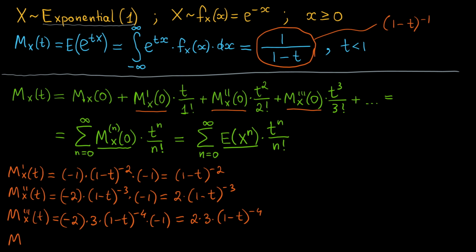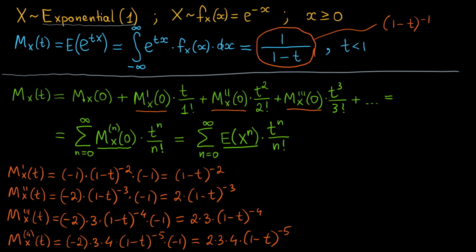And let's do one more. The fourth derivative of the moment generating function is minus 2 times 3 times 4 times 1 minus t to the power of minus 5 times a minus 1, and we get 2 times 3 times 4 times 1 minus t to the power of minus 5.